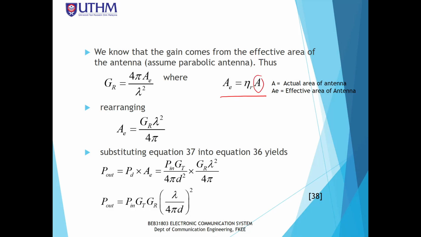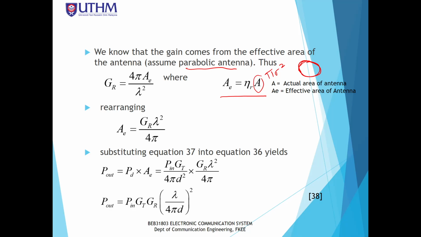So normally, for a parabolic antenna, we use pi r square. Okay, because we assume that the area of the antenna is a circular shape. Ni kalau parabolic antenna. Because in your syllabus we use a parabolic, that means the surface area of the antenna is a circular shape.